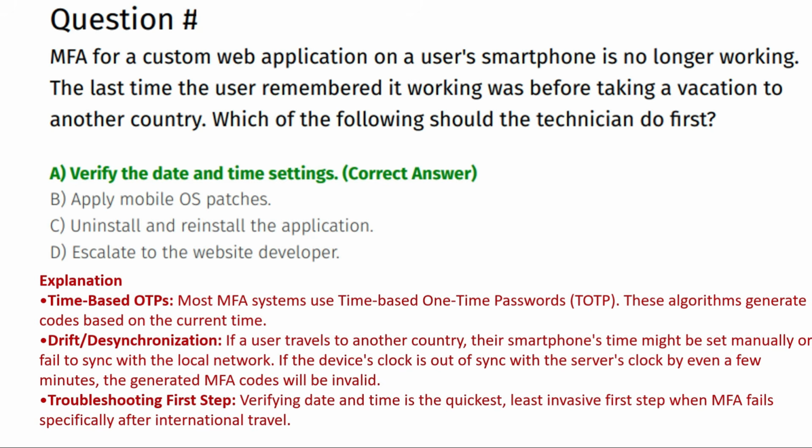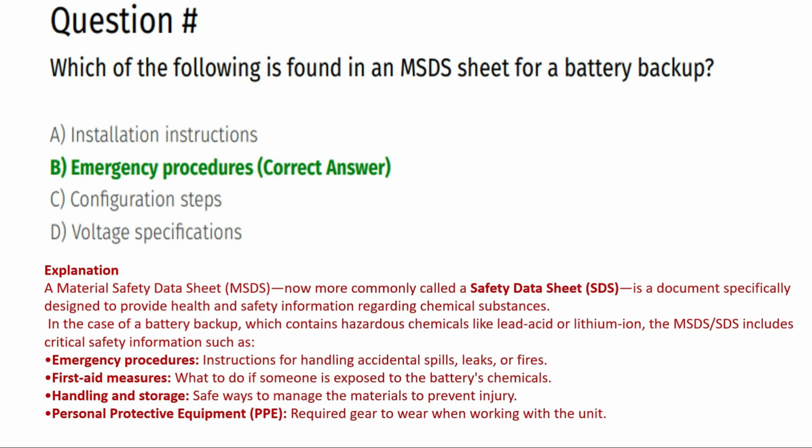If the device's clock is out of sync with the server's clock by even a few minutes, the generated MFA codes will be invalid. And troubleshooting first step: verifying date and time is the quickest, least invasive first step when MFA fails specifically after international travel. So that's why the correct answer for this question is option A, verify the date and time settings. So let's move to the next question.